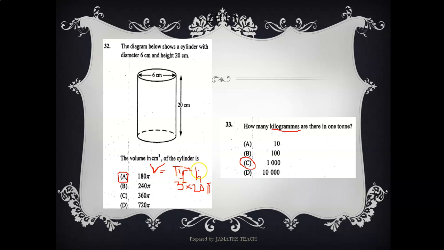So we have to divide the diameter by 2 to get the radius. So that would be 3. So it's 3 squared, times the height, which is 20, times pi. So that would be 9 times 20 pi, and that is 180 pi. So our answer is A.